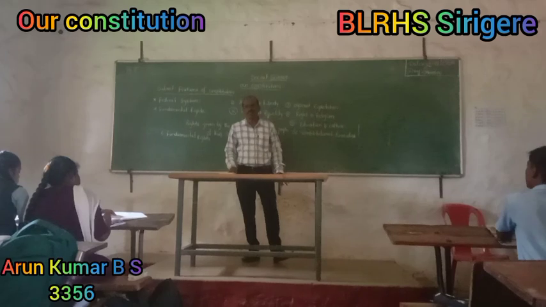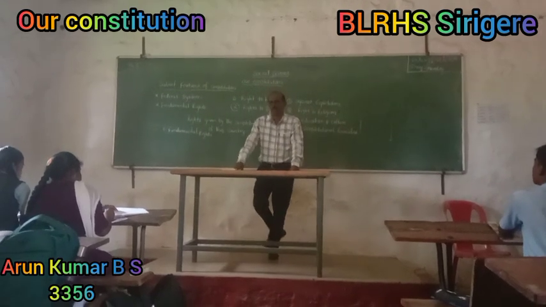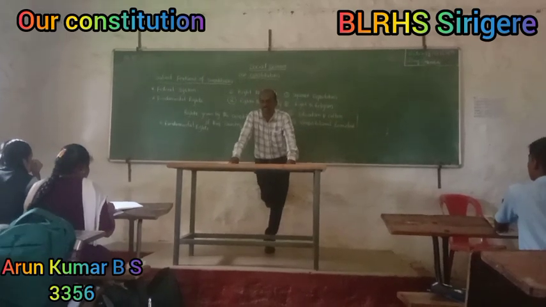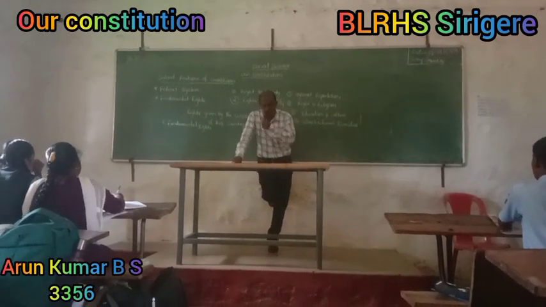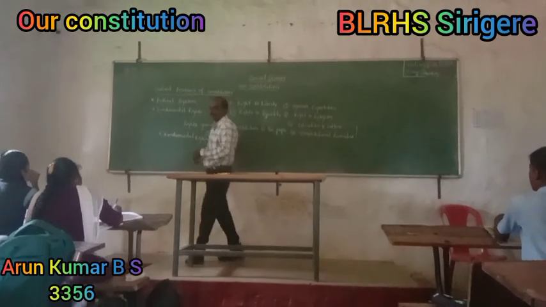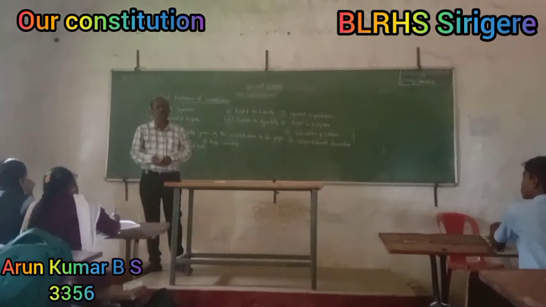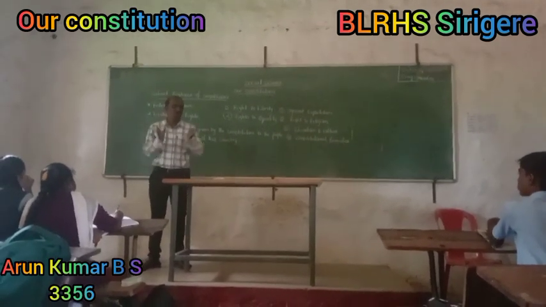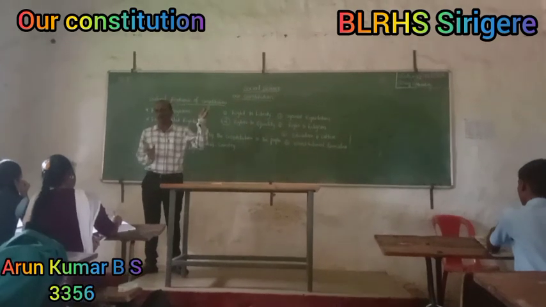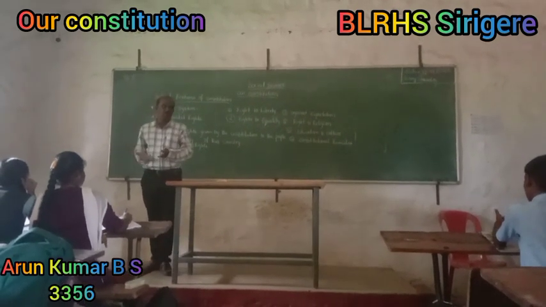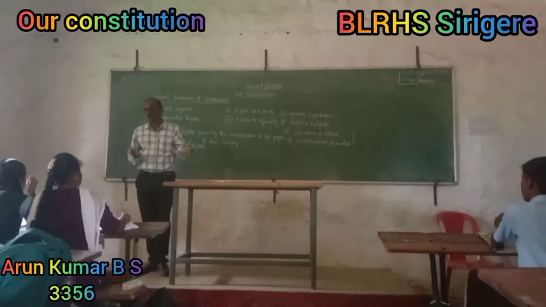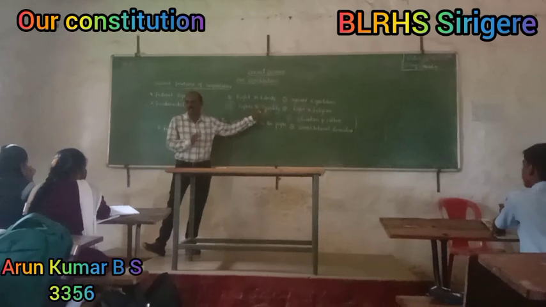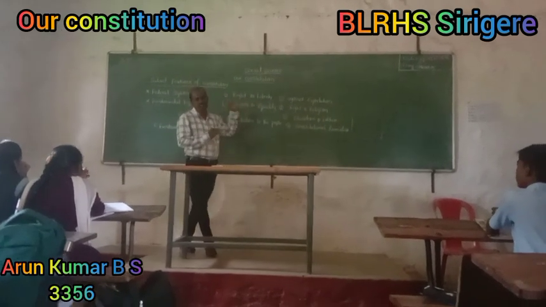Regarding the fundamental rights, does the state government, the central government, or any organization have any power to deny these rights? Is there any power? Tell me yes or no? No. No law of any government, whether it may be state government or central government, or any organization, should have the power to deny these six fundamental rights from any person of this country.